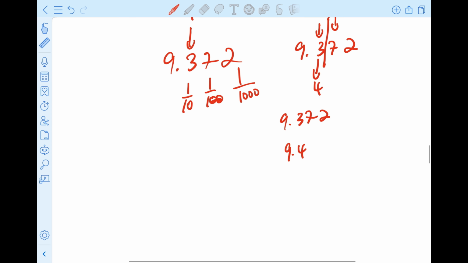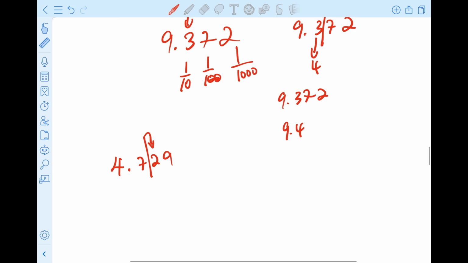Similarly, if I should say 4.729, rounded to the nearest tenth, I'm looking here again, and the number beside it is a 2, which is less than 5. So this will stay as 4.7, right?